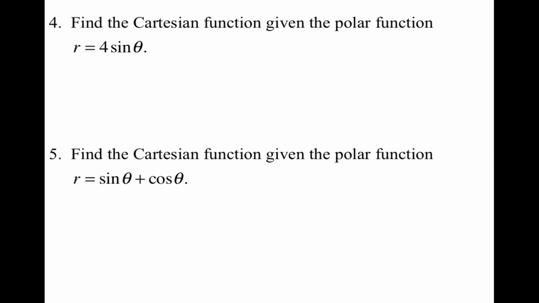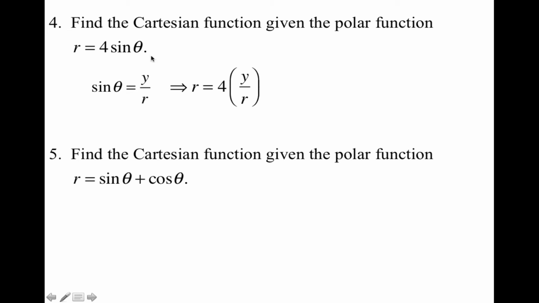Okay. Now, with the next two examples, we're going to find the Cartesian function given the polar function. So, we're given that r equals 4 sine theta. Well, I know that sine theta is equal to y over r. So therefore, r has to equal 4 times y over r.